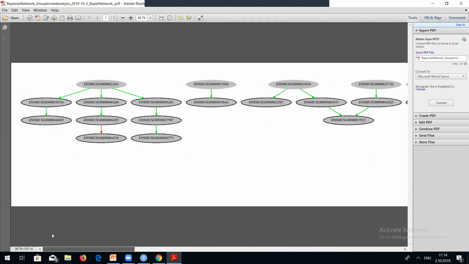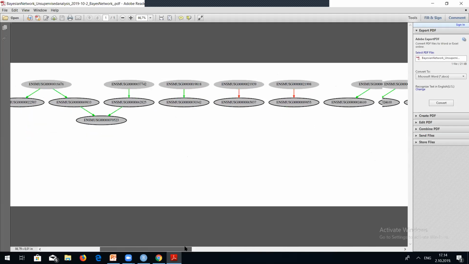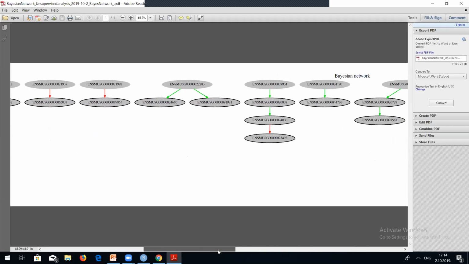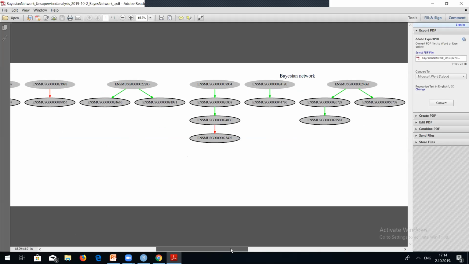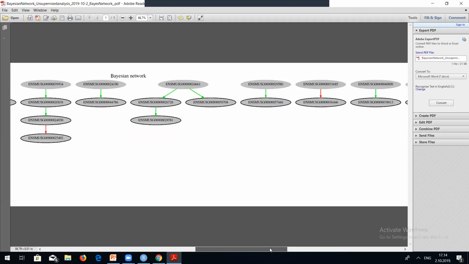So mouse was the model from which these gene expressions are extracted. So these genes belong to macrophages from mouse tumor or macrophages from stroma or microenvironment from the mouse tumor.